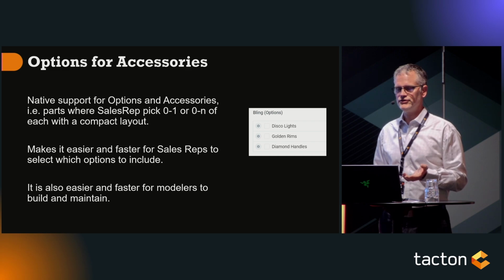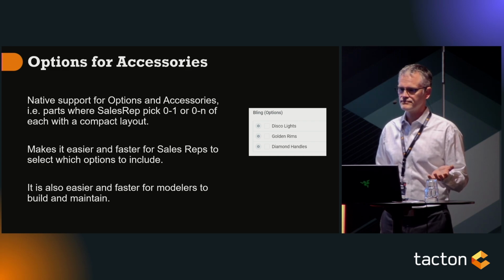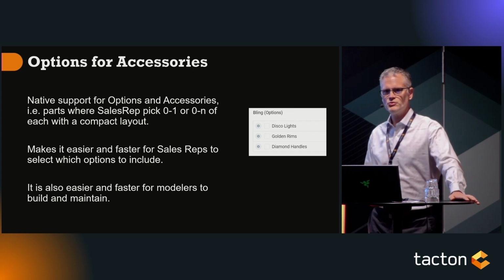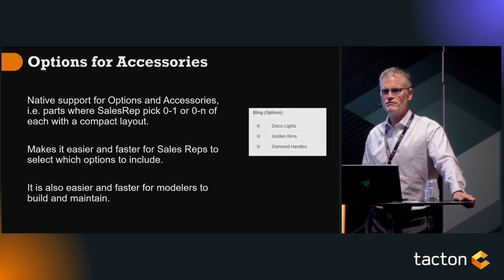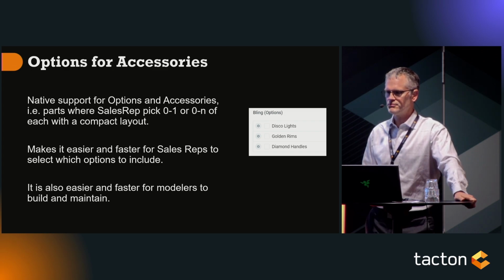If you put quantity 0 to n, it will be an integer, also easy to use. All in all, this is an efficient way of modeling accessories and perhaps other things in your product models, and it's nice for sales reps because the experience is good.